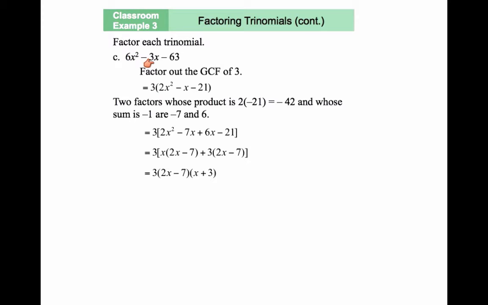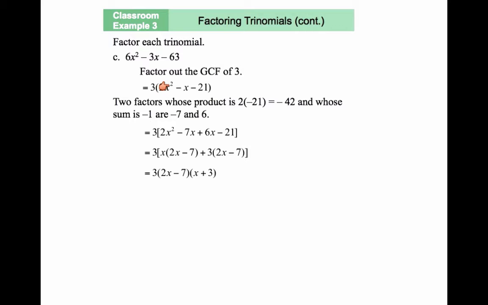Take a look at another example here. We have 6x squared minus 3x minus 63. If you look carefully, the first step is to see if we have anything in common among all these terms, and we do have 3. The greatest common factor among all these terms would be 3.